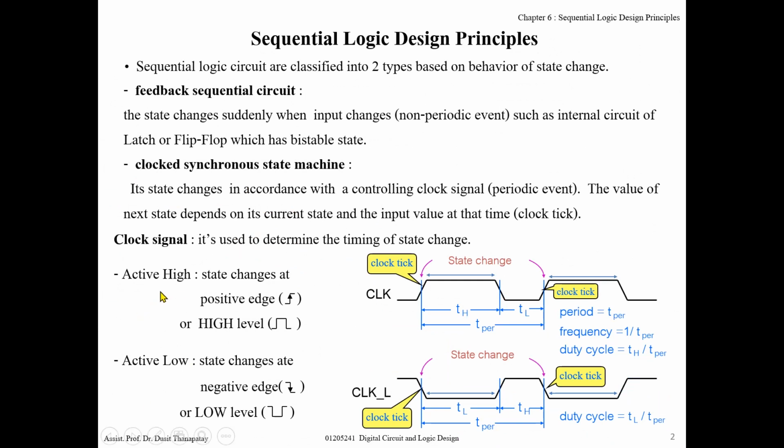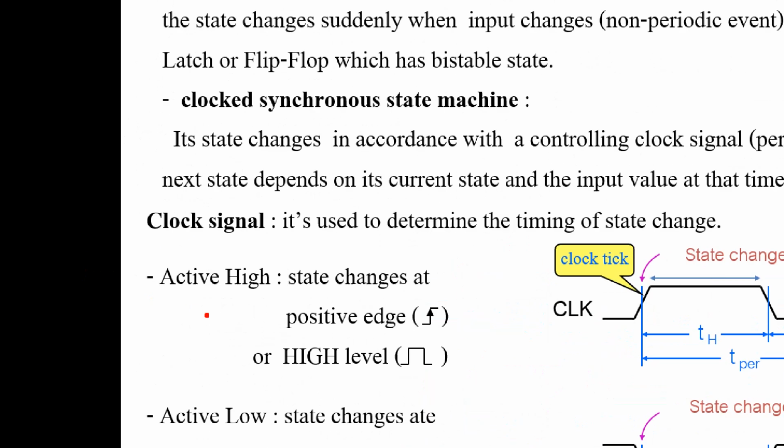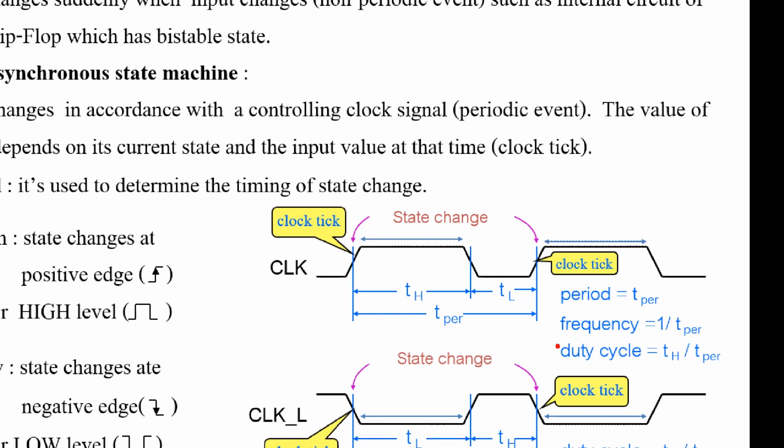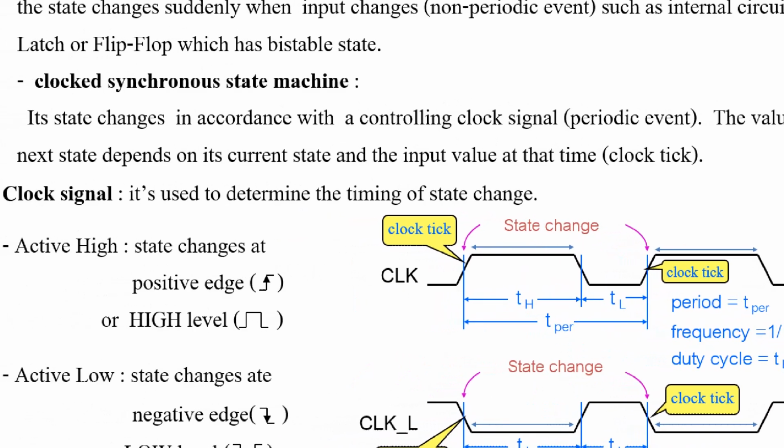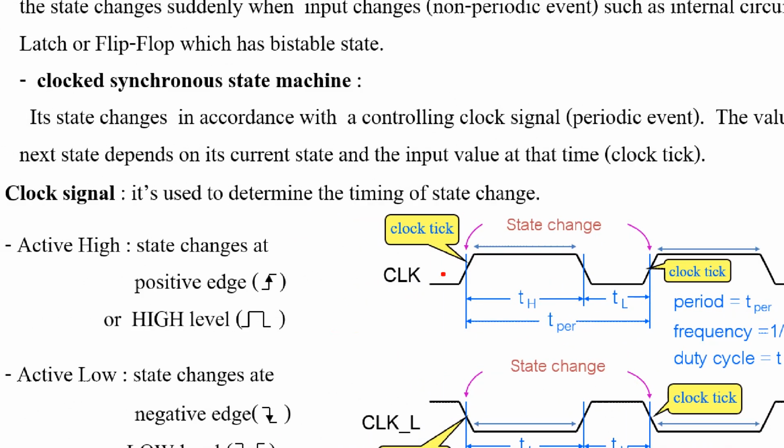And again, like the previous one, some signals have active high and active low. Clock also. Clock may be something like this signal, high low, high low.